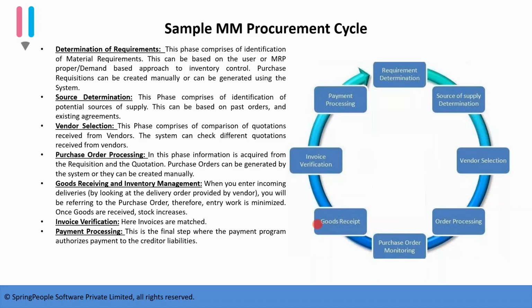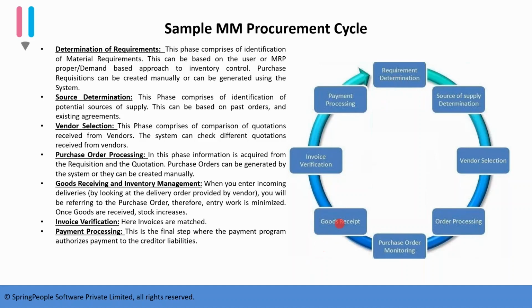And when you receive the materials, your stock of that particular material will be increased automatically, and a notification will be sent to the concerned department saying that so and so materials have arrived. So this is again an example of your real-time business processing. Whenever a goods receipt is done, a notification will be sent to the concerned department.